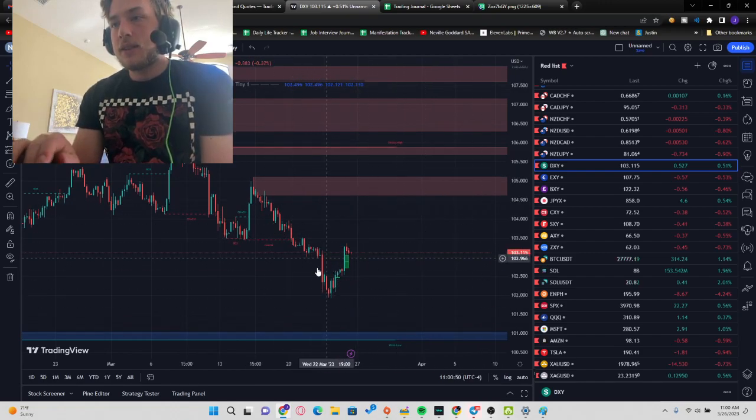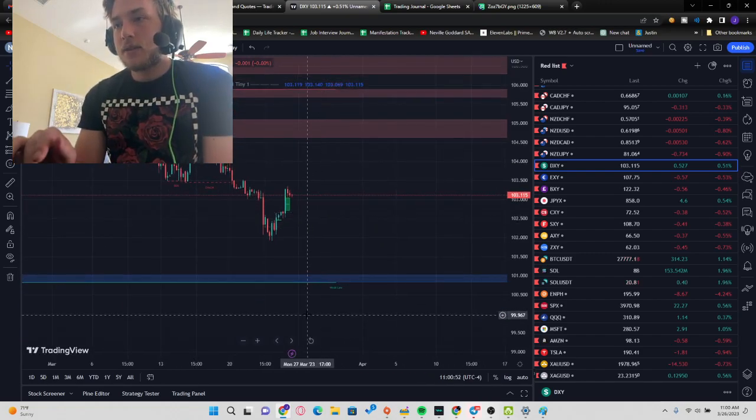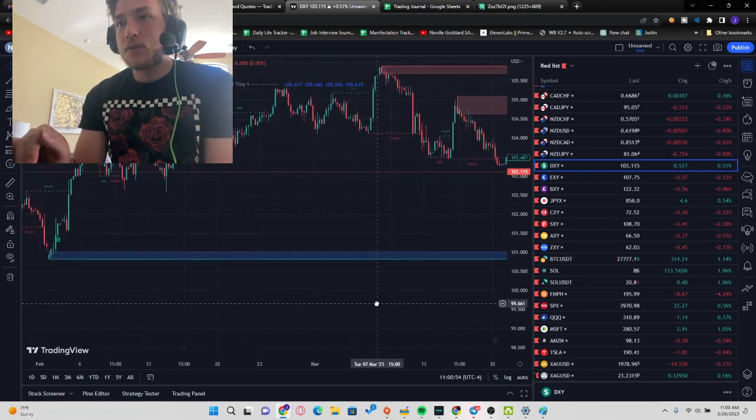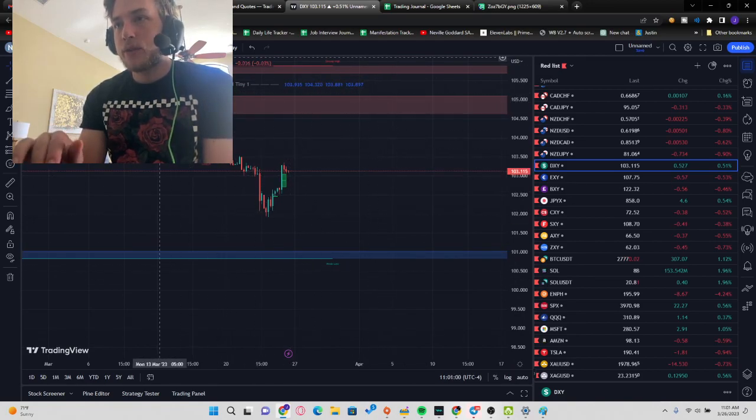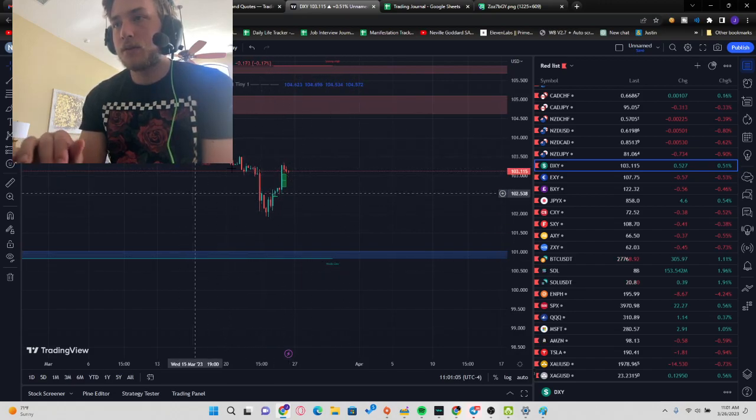So you see, for me right now, it's right here in the middle of two potential support resistance zones. So it's not so clear as to where it wants to go. I can see that it's been moving down, and therefore it might actually have good potential to move down even more.